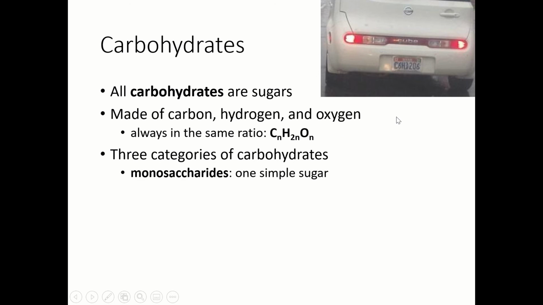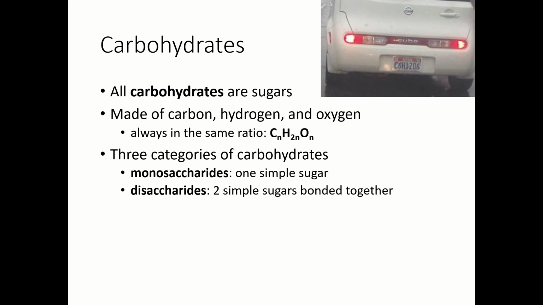Okay. There are 3 categories of carbohydrates, and they're distinguished by how big they are. Monosaccharides are a single simple sugar, one sugar molecule. When we take 2 sugar molecules and connect them with a chemical bond, we make a disaccharide. Di means 2.